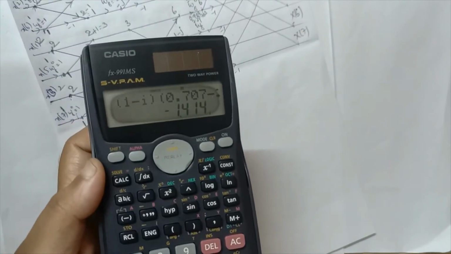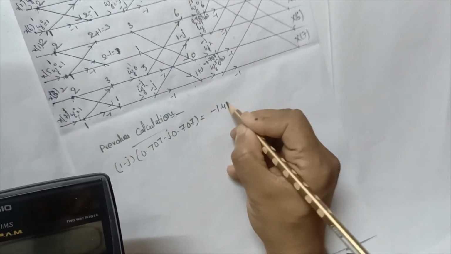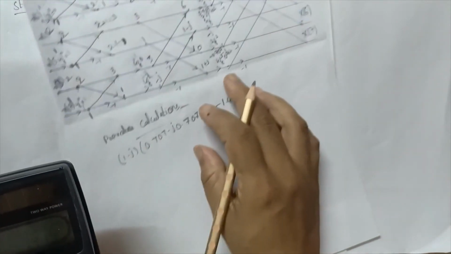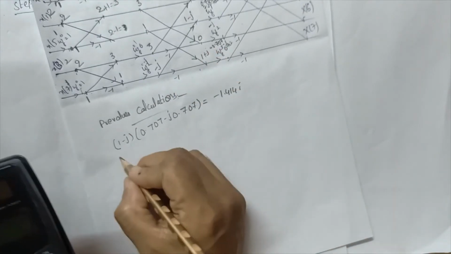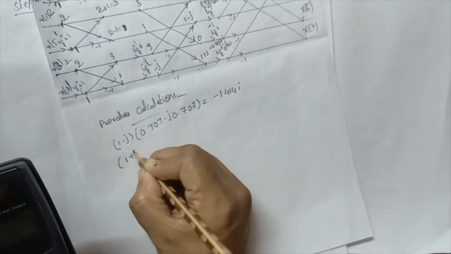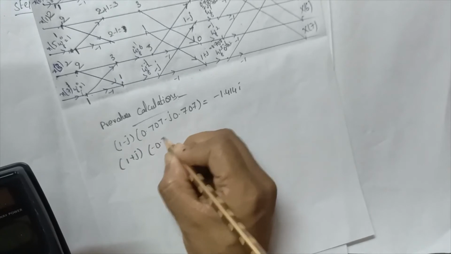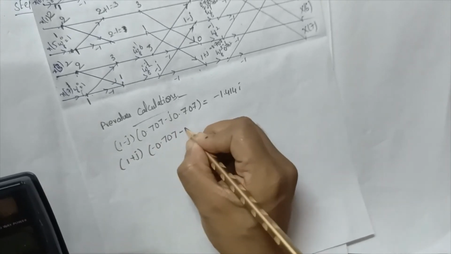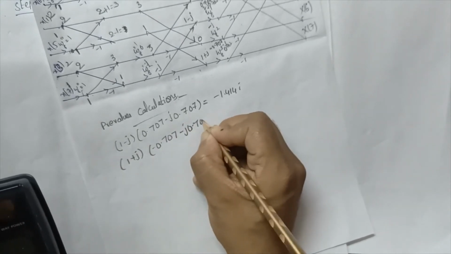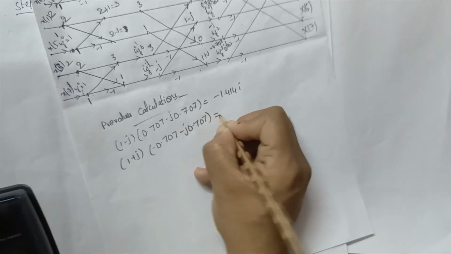So the result for this is minus 1.414j. Okay, so minus 1.414j, and like this we have to calculate 1 plus j into minus 0.707 minus j 0.707.